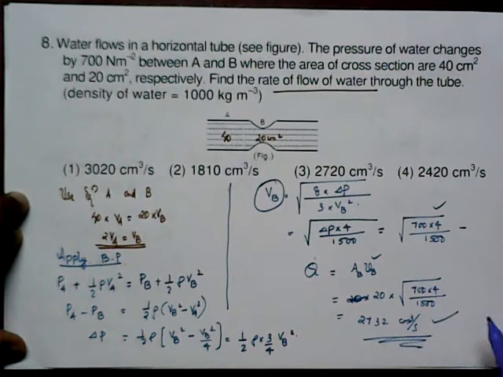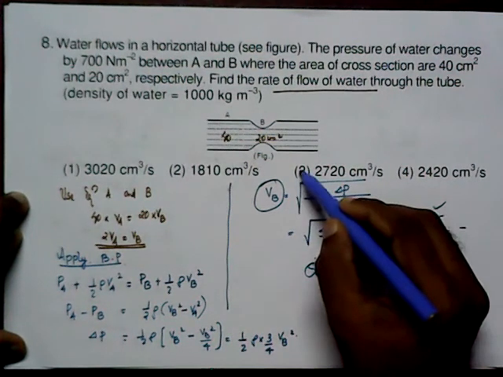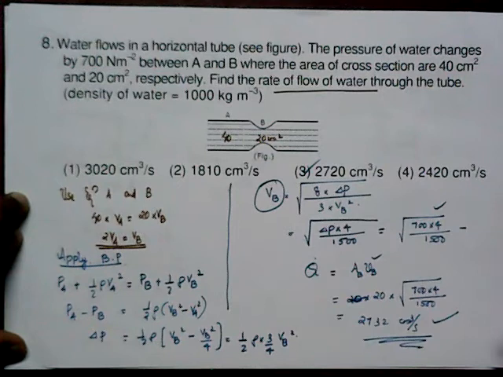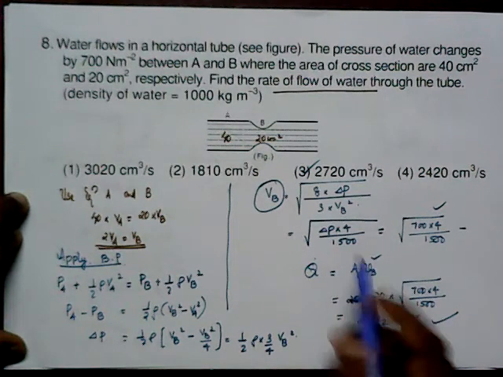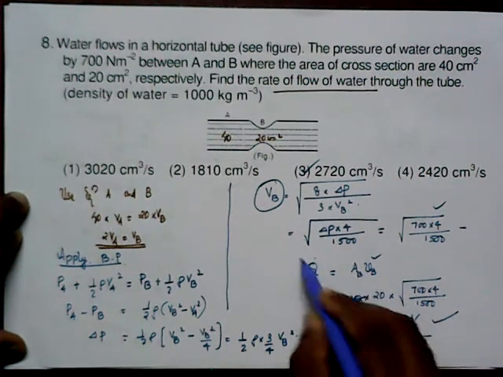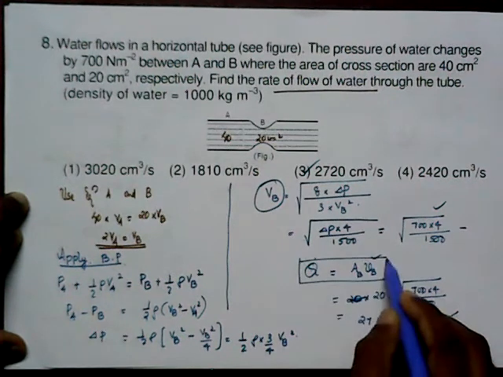It is a very important concept. So you get option 3 as the answer. And keep in mind, Q is the quantity of water flowing per second, so that is area into velocity. It is a good concept.